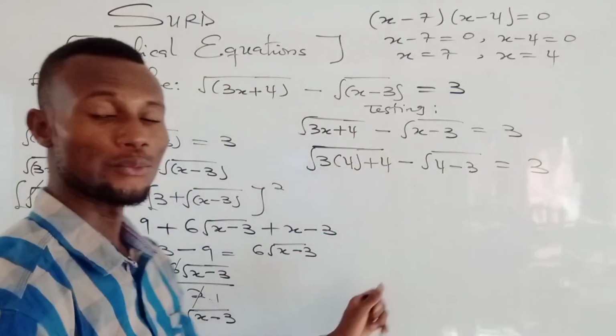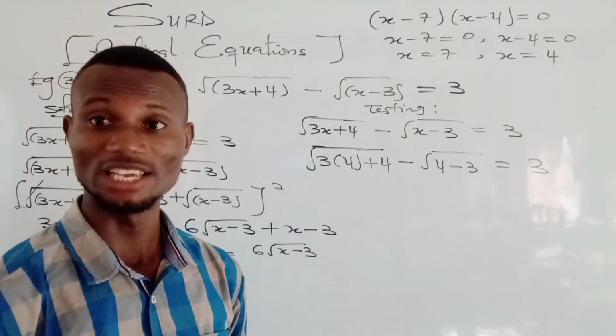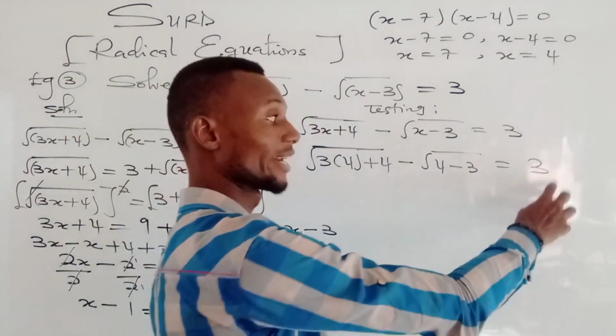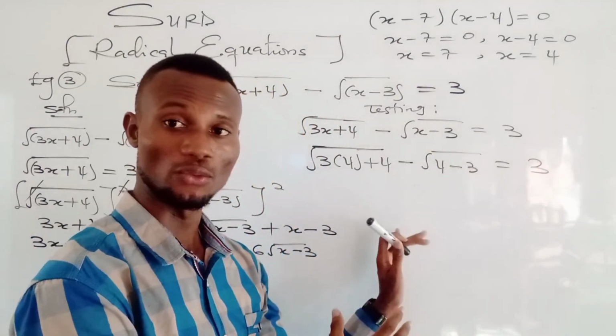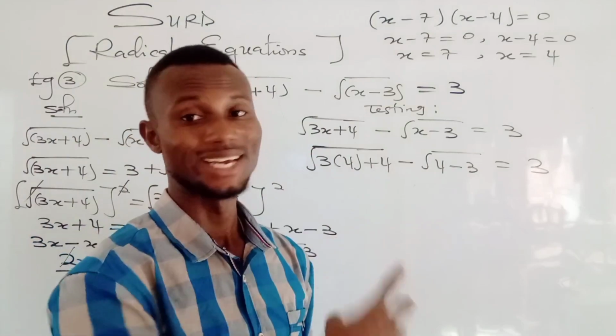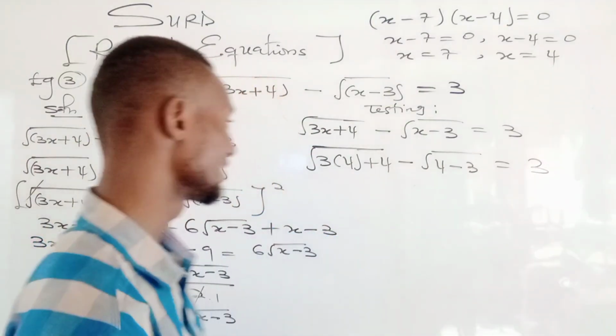When we simplify the left hand side of the equation, it should give us the same value as what we have at the right hand side, which is 3. If the left hand side is not giving us 3, then it means s equals 4 is not a solution to the given equation. So let's work it and see.